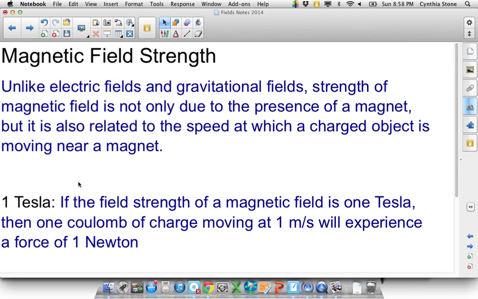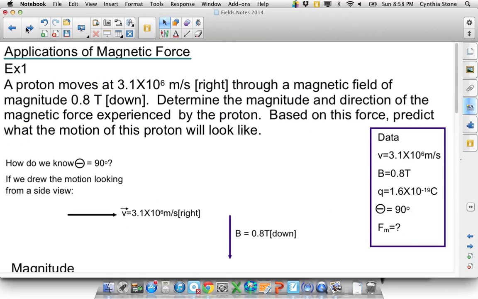Someone could have said 1 Tesla is 17 coulombs of charge moving at 11 meters per second. Who knows? But they defined it as this, and everybody uses it. Every electrician, every engineer, whatever. It's a convention. Okay, so if you just go with it, trust it, it's all good.